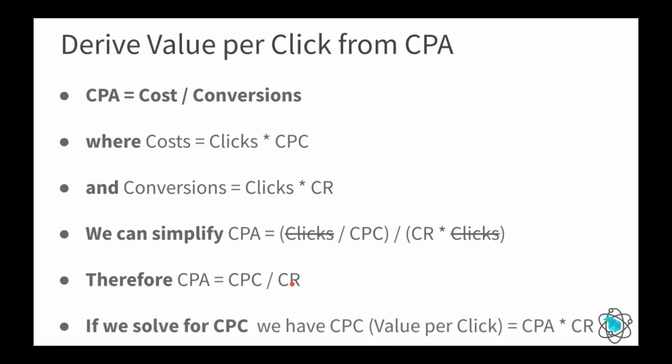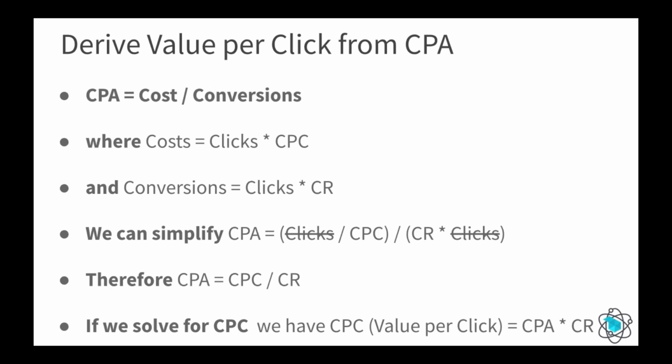And if we solve that for CPC, we can see that our CPC, so the value of a specific click, is equal to the CPA that we have, so that $100 target, multiplied by the likelihood that that click would become a sale, right? So a lead.